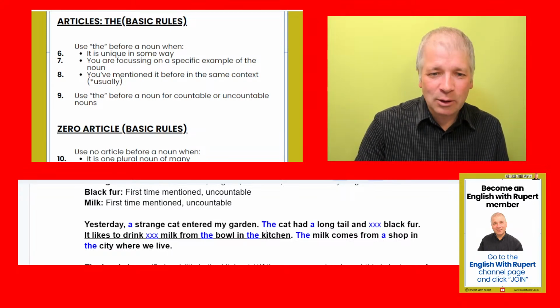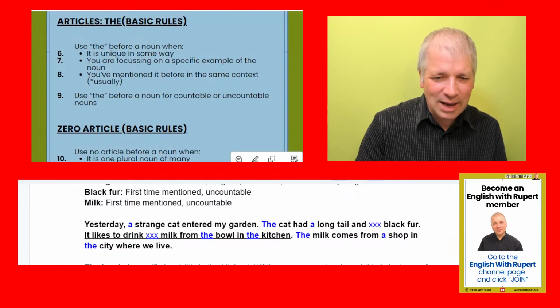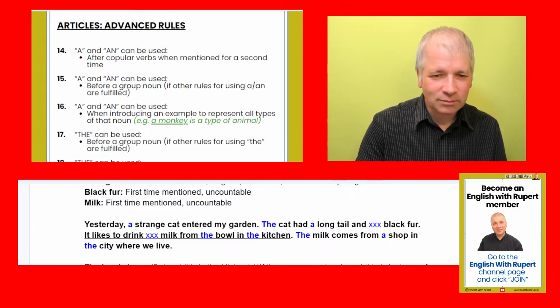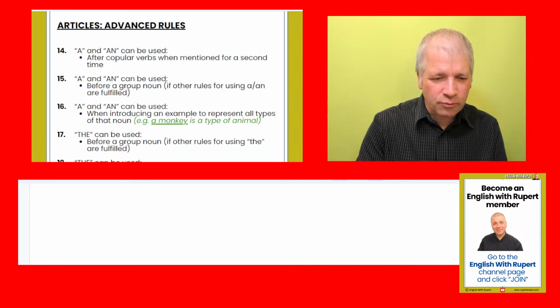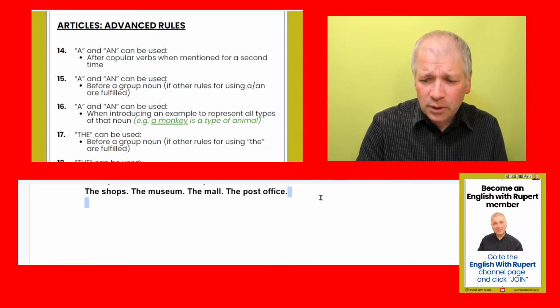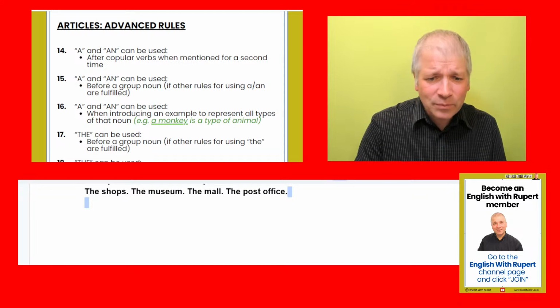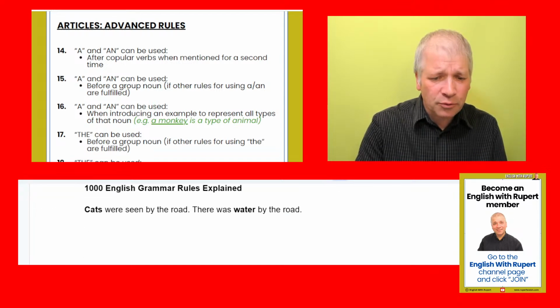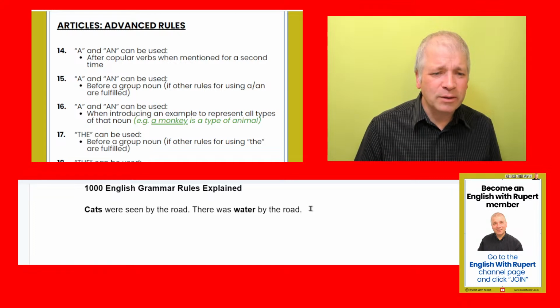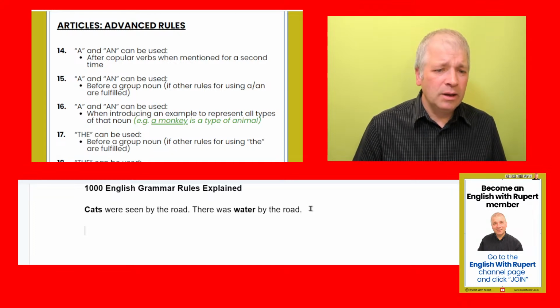So we're still looking at articles, but we're going a little bit deeper into them on the next page. Okay, so articles, advanced rules. Some of these I'll go through quickly, and some of them I'll go through in a little bit more detail, because I think some are more obvious than others.